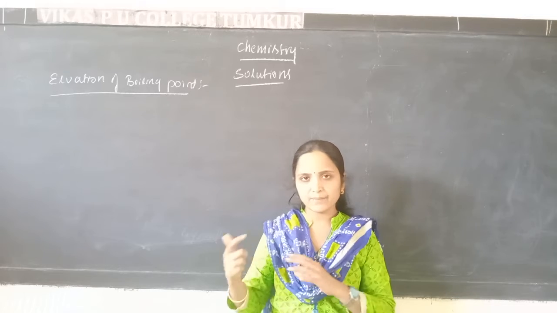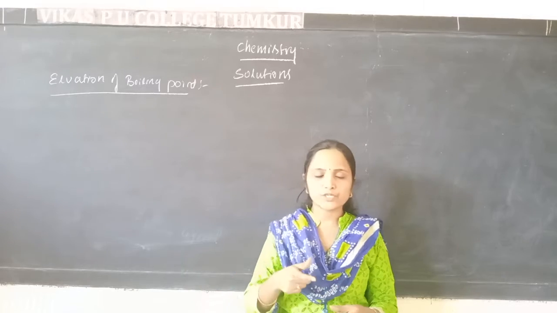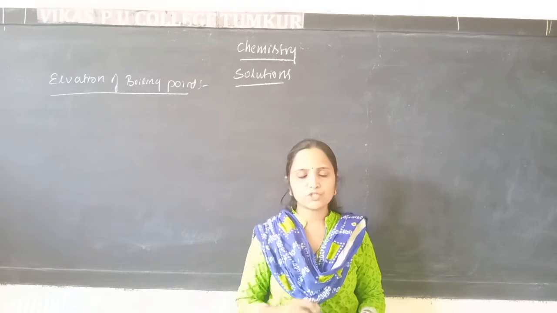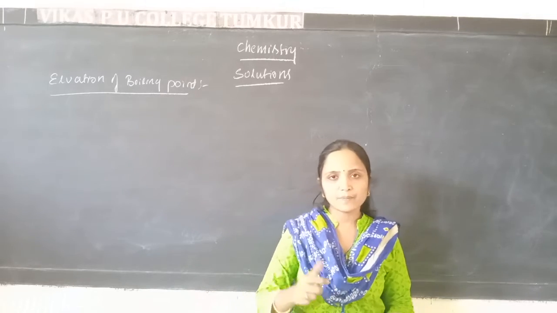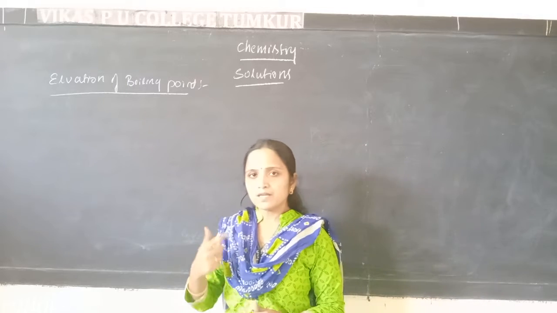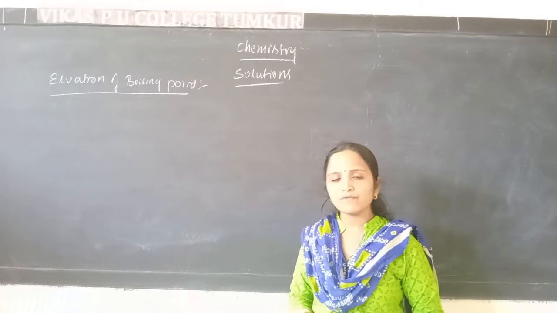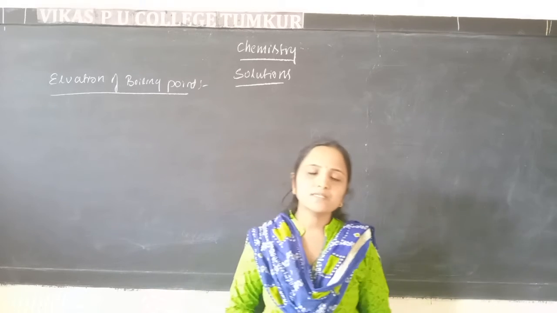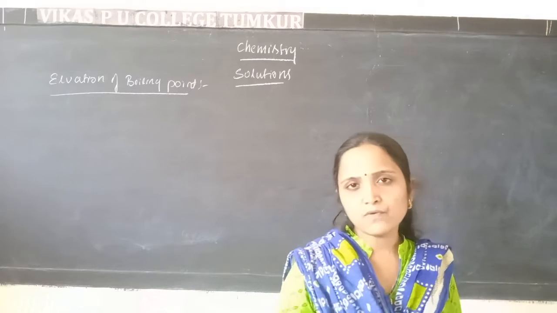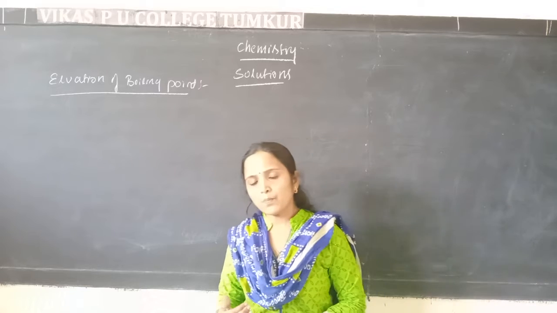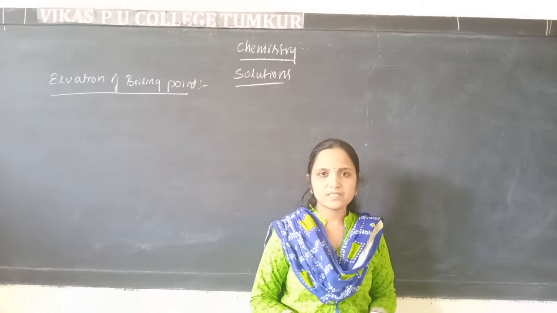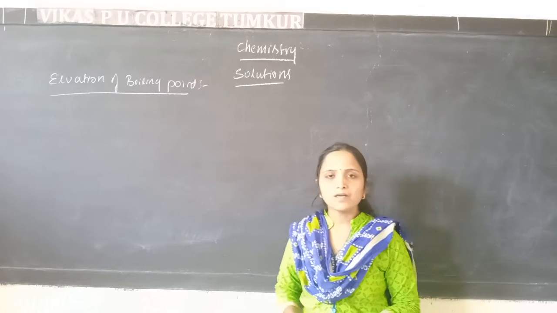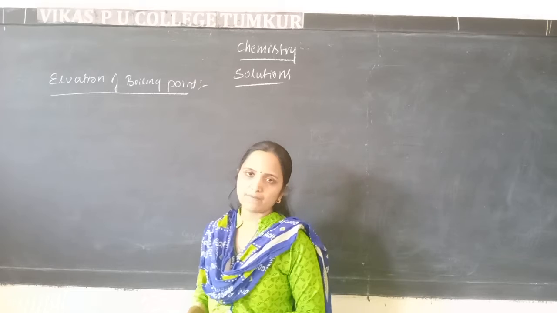A solution, that is a non-volatile solute in the solvent, has a lower vapor pressure. In other words, we can say that the boiling point of the solution is higher than the boiling point of the pure solvent.